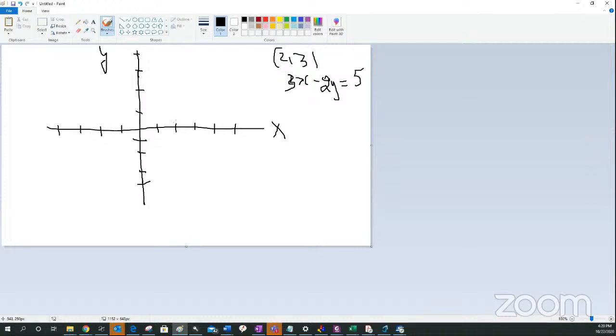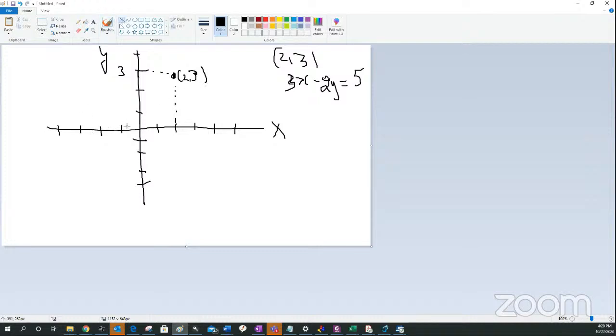So x is equal to 2 and y is equal to 3. Your line is going to pass through this point, (2, 3).